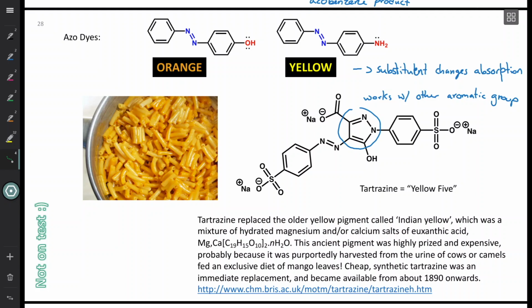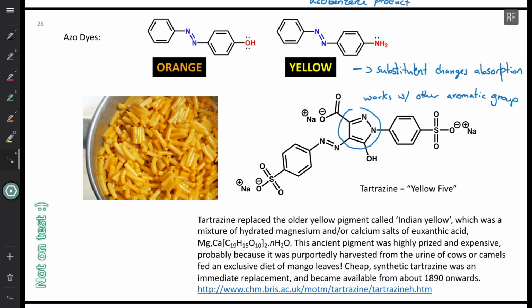And so this is an easy way to tell if a painting is a fake, right? Because if you do Raman spectroscopy and you see that it has this azo molecule in it, then you know that it's not a very old painting. So I thought that was neat.